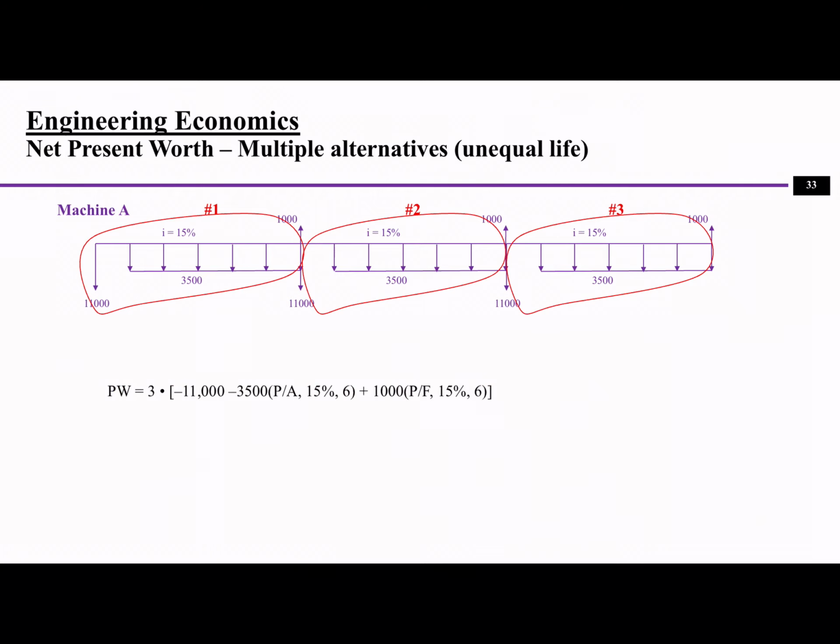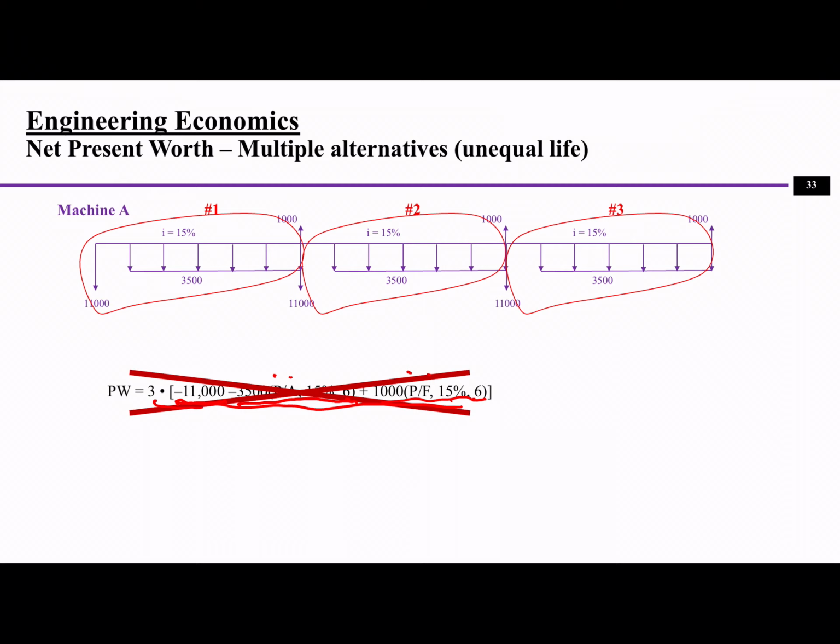If you want to make the comparison, we need to do a lot of calculations to make sure that we convert everything back to zero. How do we do these calculations? Somebody may think, okay, let's just do this one calculation with the negative $11,000. This is the investment, and this is how to use the equal payment to find the present value over 6 years at the rate of 15%. This calculates one period of the present value, right?